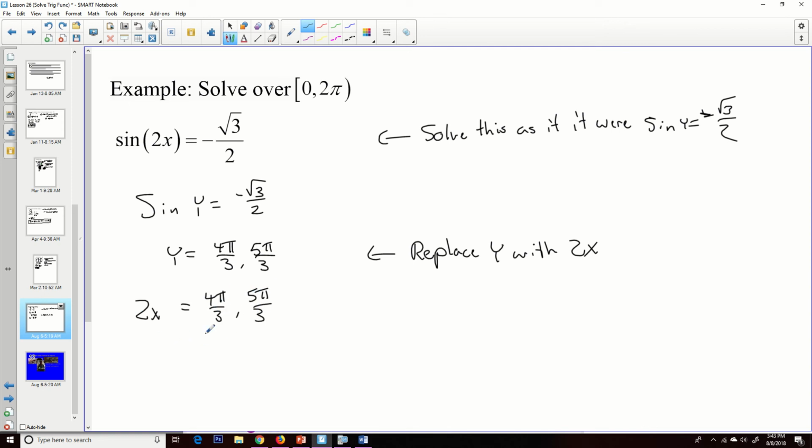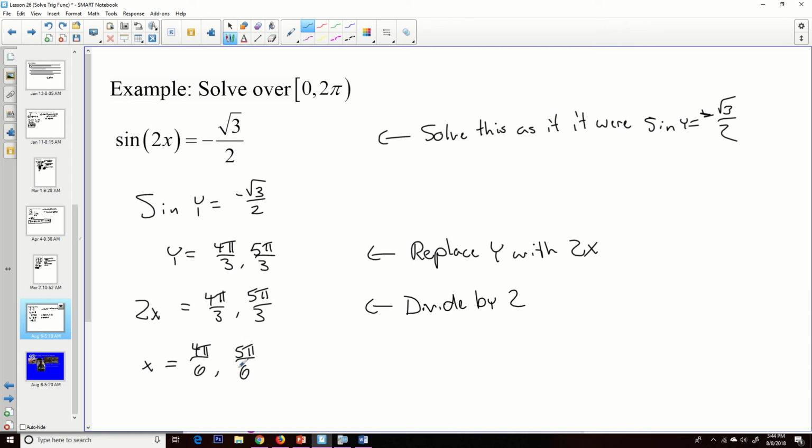All right, so divide both sides by 2, and I get x equals 4 pi over 3 divided by 2 will be 4 pi over 6, and 5 pi over 3 divided by 2 will be 5 pi over 6.